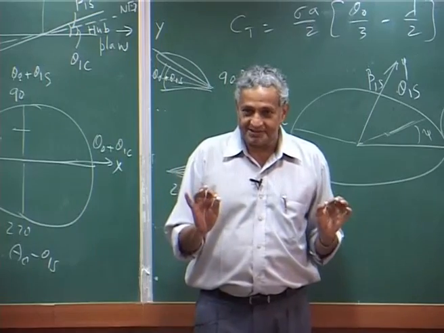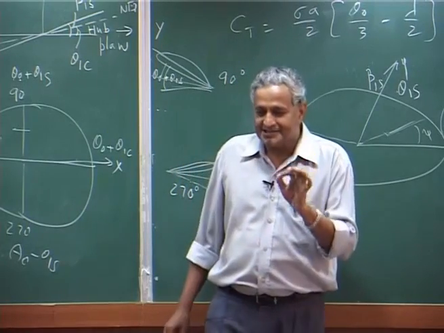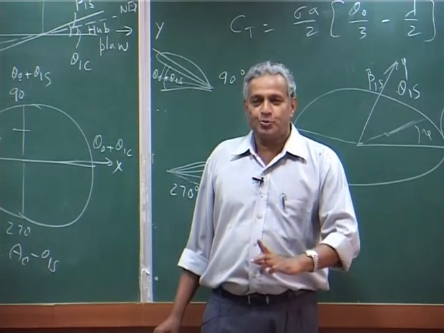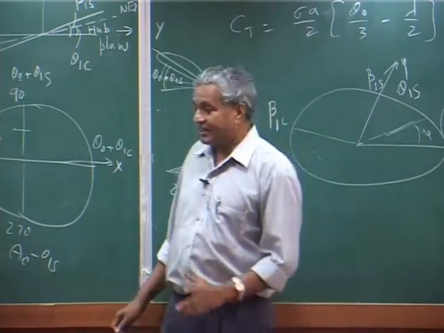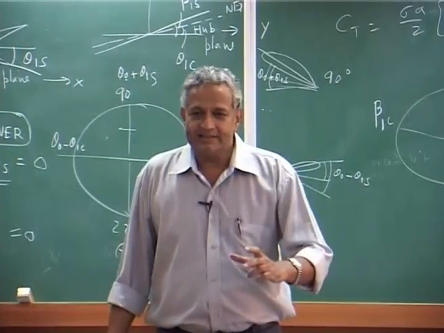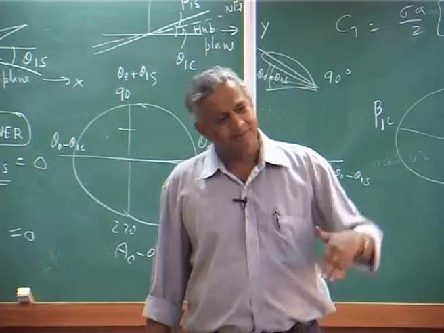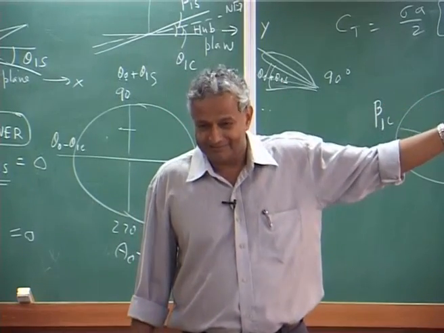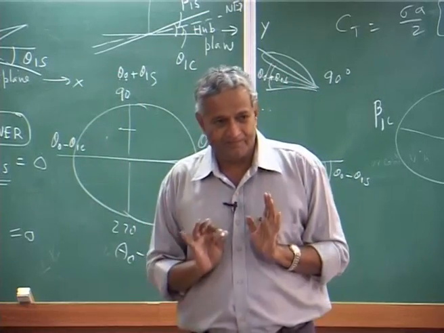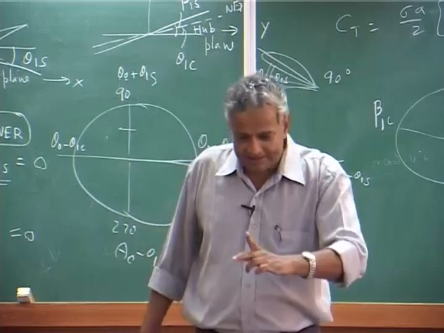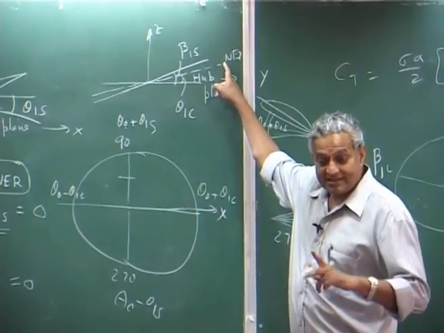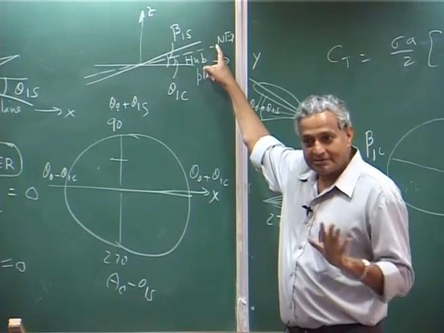Because of the phase shift of 90 degree, essentially what the pilot does is, pilot tilts the swash plate plane, which is actually, if there is no other coupling, that is the control plane, which is also the no feathering plane, if you do not have any flap pitch coupling etc. So, he is tilting only this plane, the no feathering plane, that is all.